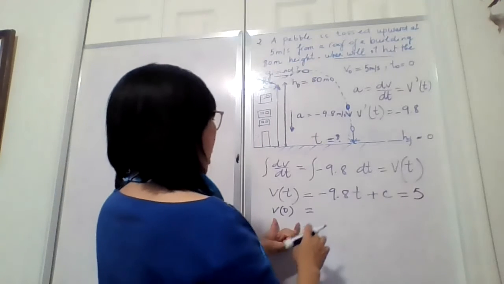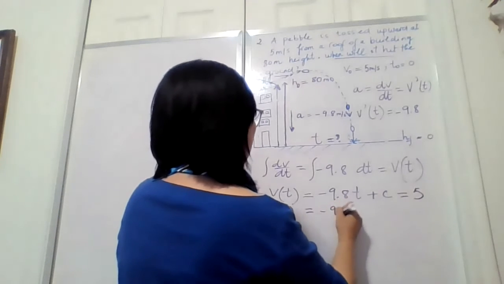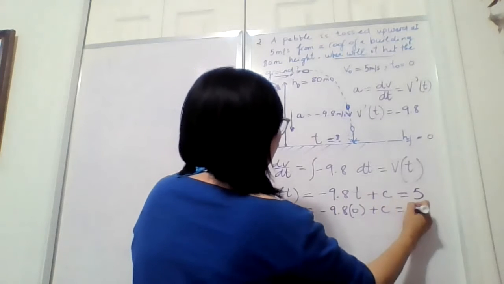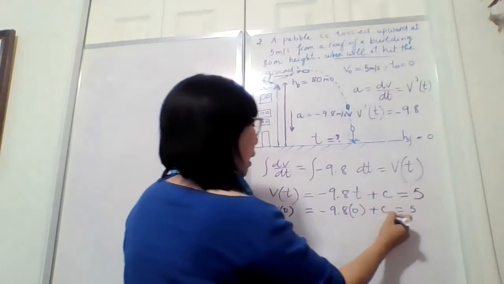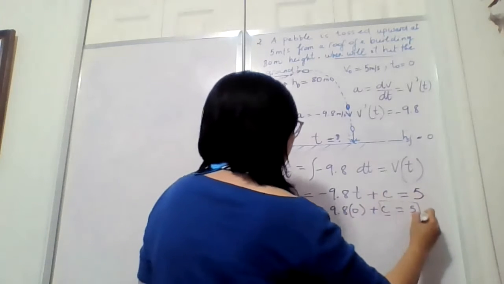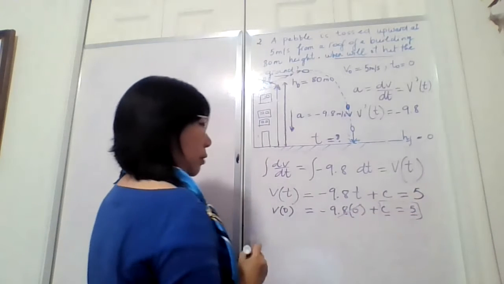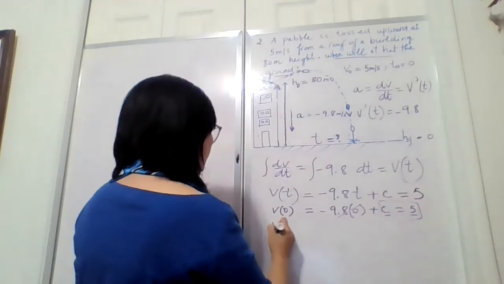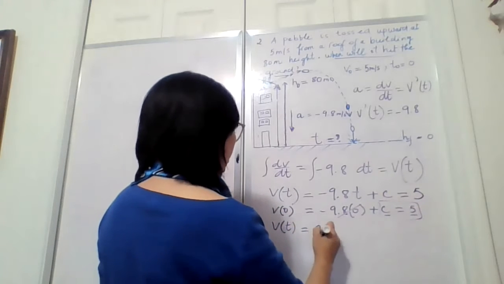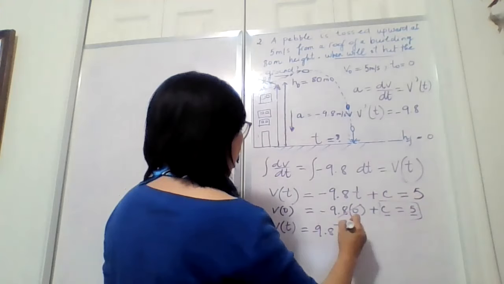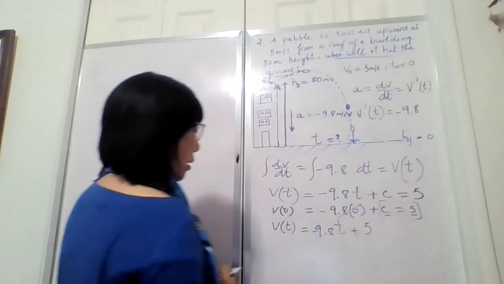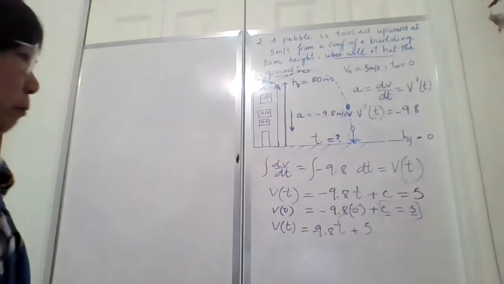So minus 9.8 times 0 plus c equals 5. It turned out our c equals 5, because everything else becomes 0. So now write back the equation: velocity equals minus 9.8 t plus 5. That's the velocity function.